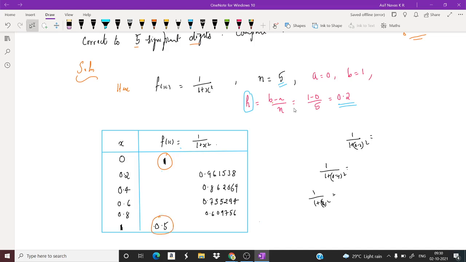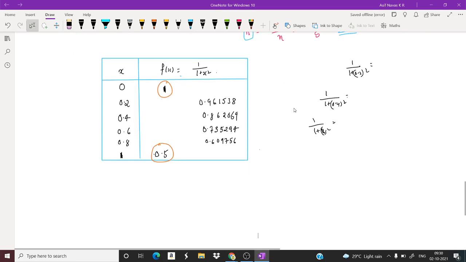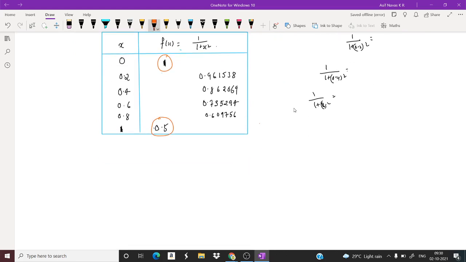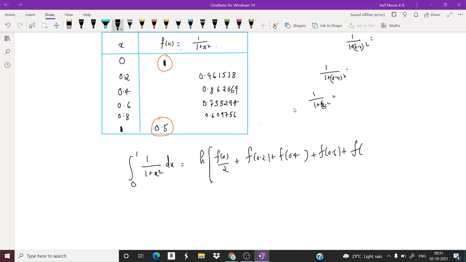Now we will calculate. So by the trapezoidal rule, the integral from 0 to 1 of 1 by 1 plus x square dx is equal to h into f of 0 by 2 plus f of 0.2 plus f of 0.4 plus f of 0.6 plus f of 0.8 plus f of 1 by 2.